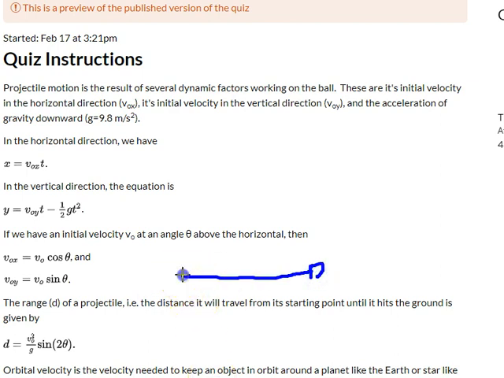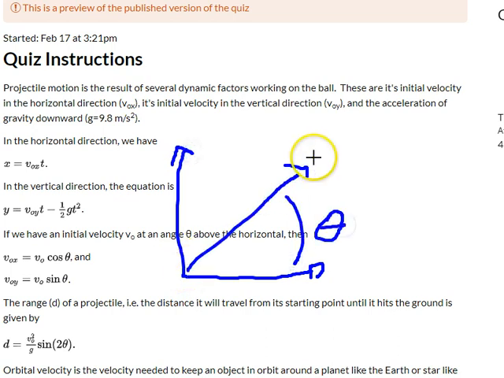If we launch at some angle, so I would launch here at some angle theta with some initial velocity v naught, I can calculate the x piece and the y piece of those two.